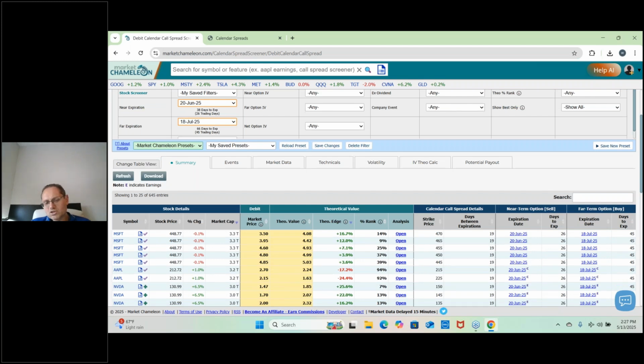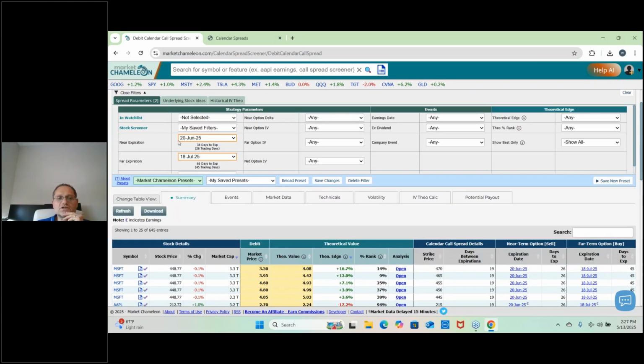And when we screen for it, let's come back up to the screener for now. When we screen, we need to define the expirations we want. And that's important because the first thing is, okay, I need to come up with the expiration I want to sell versus buy, right?